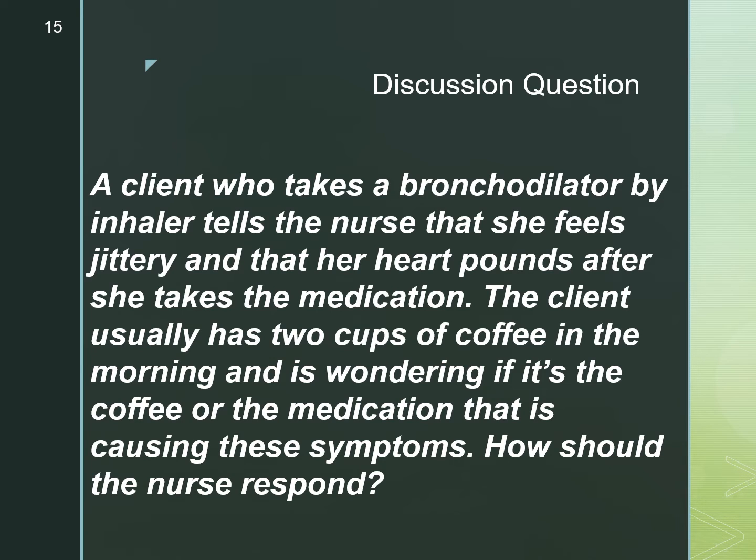So, in all honesty, the nurse should tell her that the side effects are not unusual, but if they cause discomfort or worsen, the client should contact her provider. So, six of one, half a dozen of another. It probably is the medication, but it could definitely be the coffee because caffeine is a stimulant.